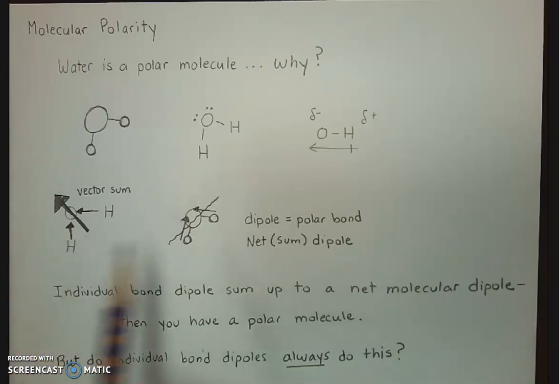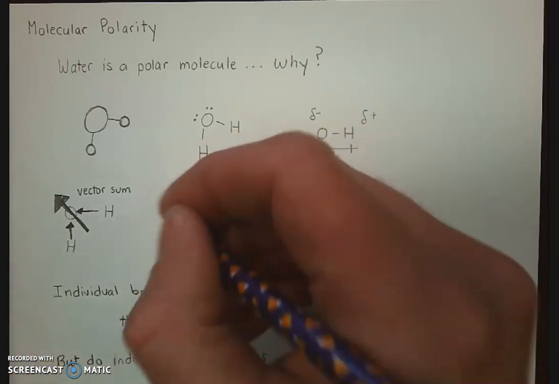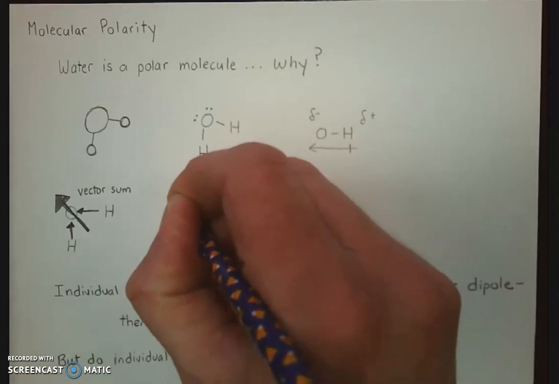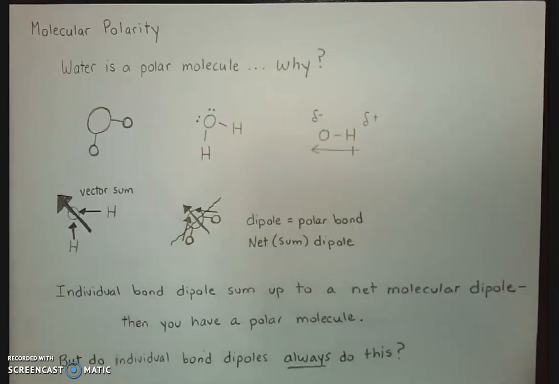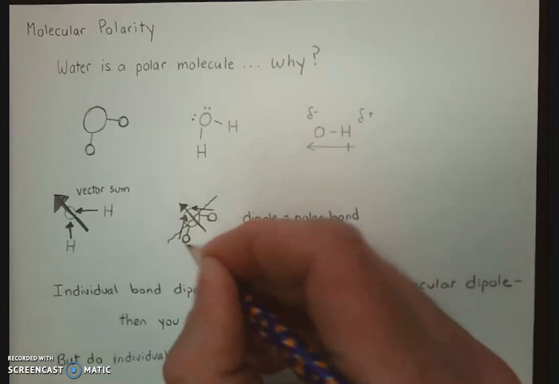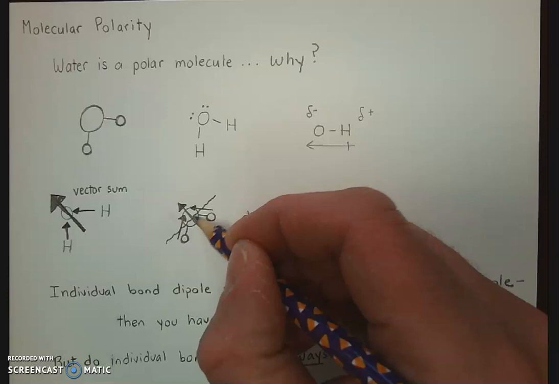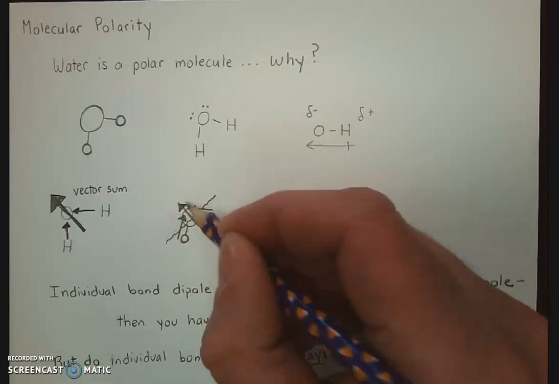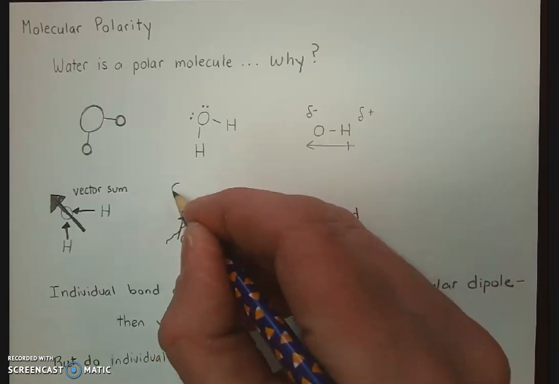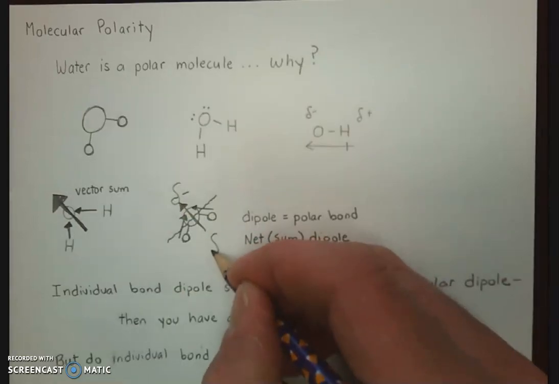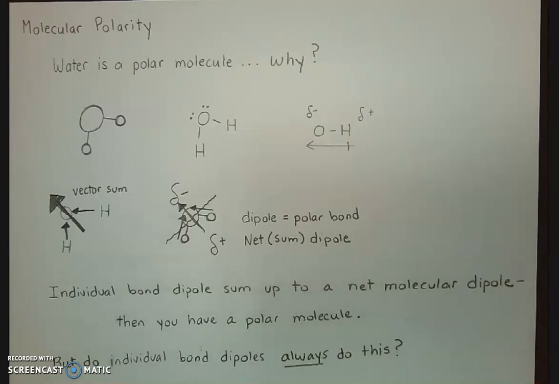What that means for water as a whole is that water has this diagonal up to the left net pull of electrons. As a whole molecule, that means the molecule is now kind of split in half, where the left side has an overall partial negative charge, and the right side has an overall partial positive charge.